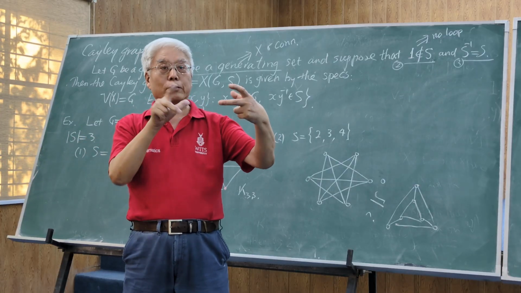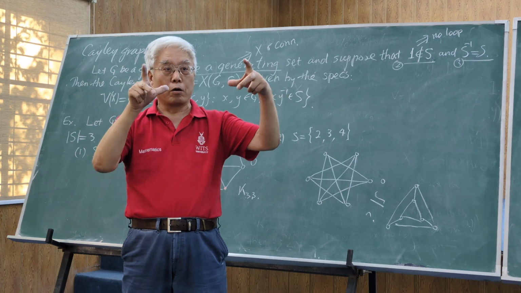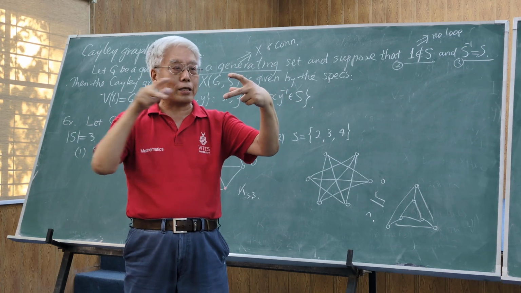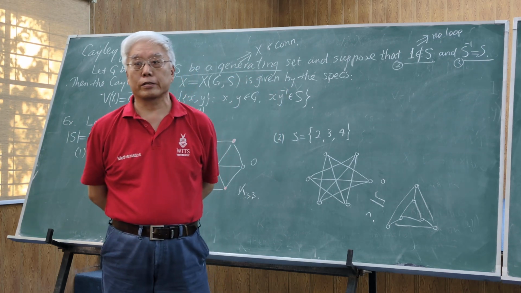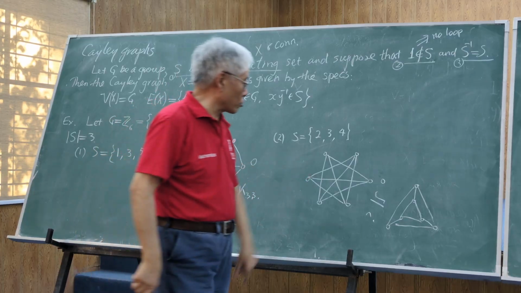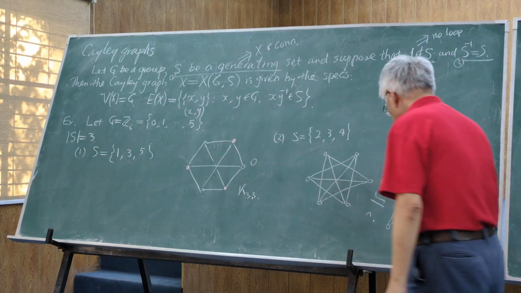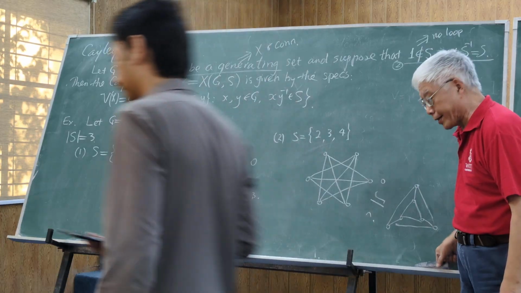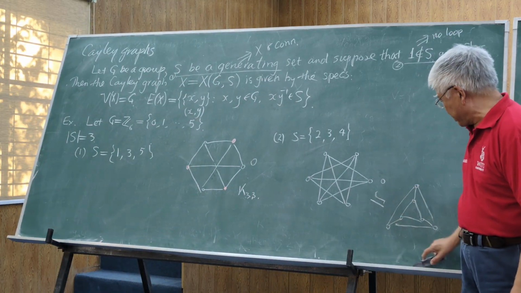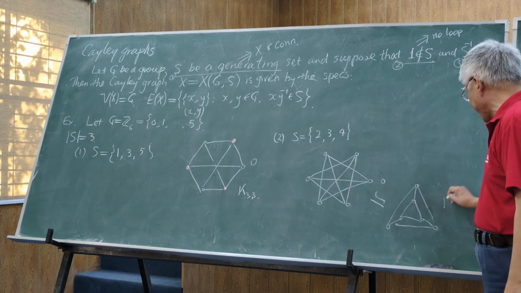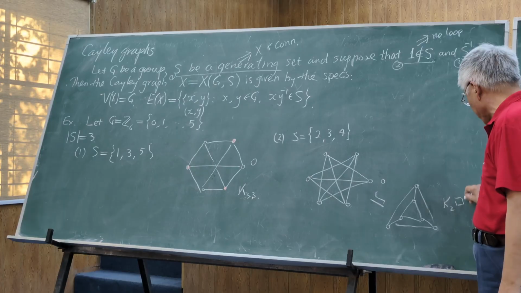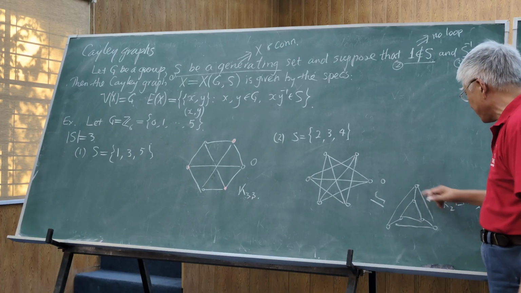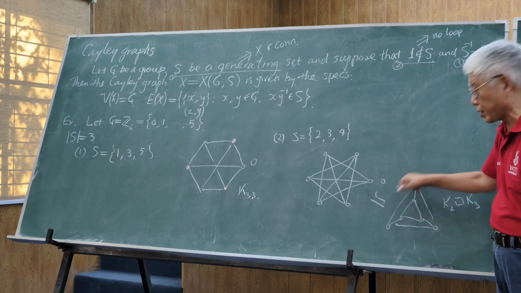But whichever way you connect, it is a triangle, it's not 4. It will be exactly going to the corresponding vertices. So this is isomorphic to this graph. And this graph is also known from Monday, because what it is now is K2 direct product with K3. Here is your K2, here are your K3s.